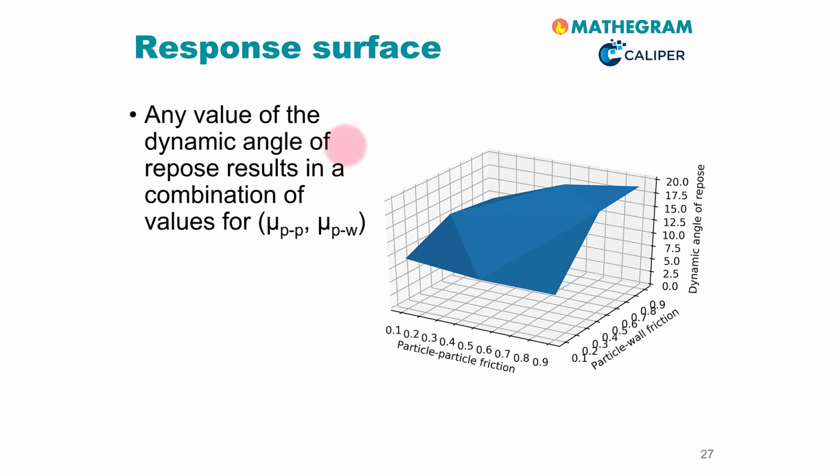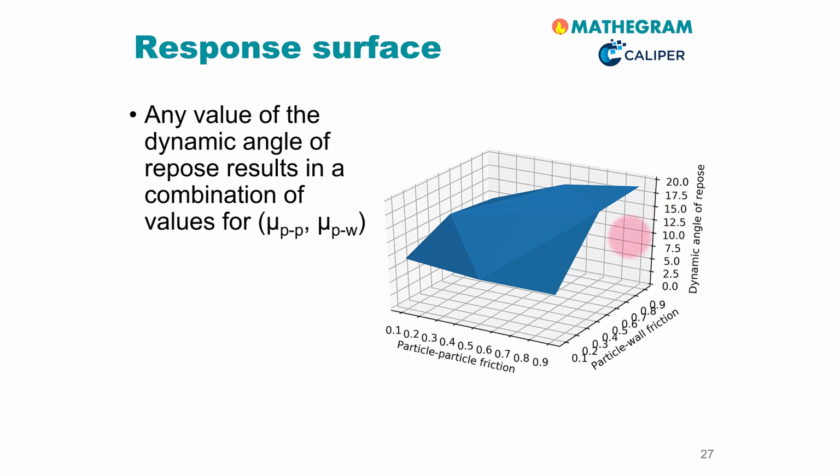Any value of the dynamic angle of repose, let it be for example 15, can be realized with a combination of these two friction coefficients. So if we intersect this plane here with a horizontal plane at 15, for example, we will get a line.